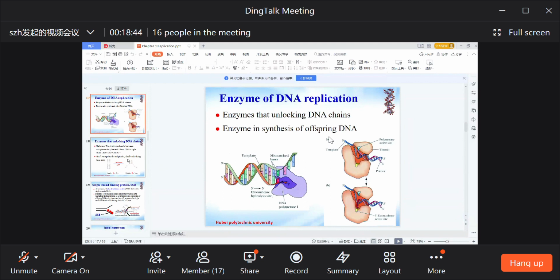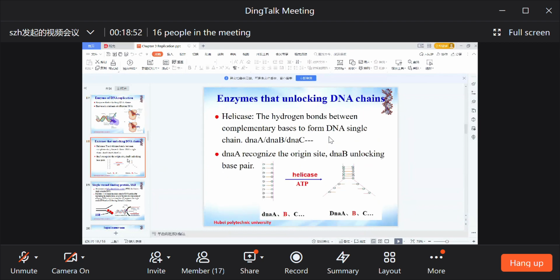Here I introduce all of you. First, you can see it destroys the hydrogen bonds. This is the helicase. In prokaryotic organisms you can find the helicase DnaA, DnaB, DnaC, and so on.